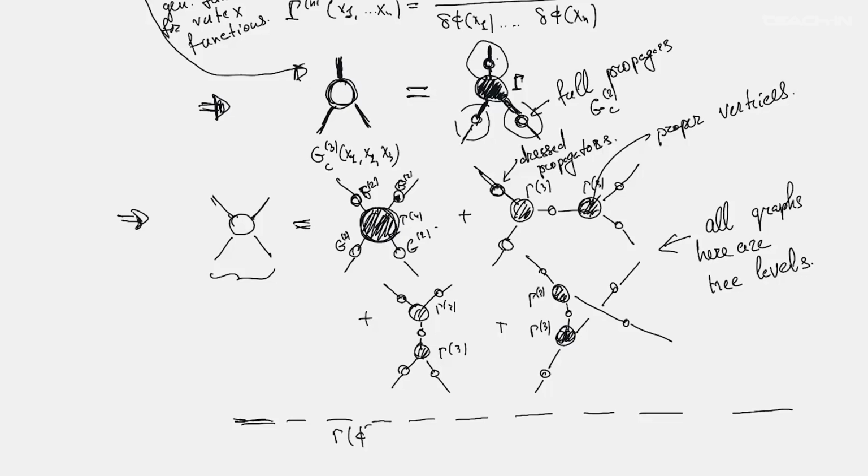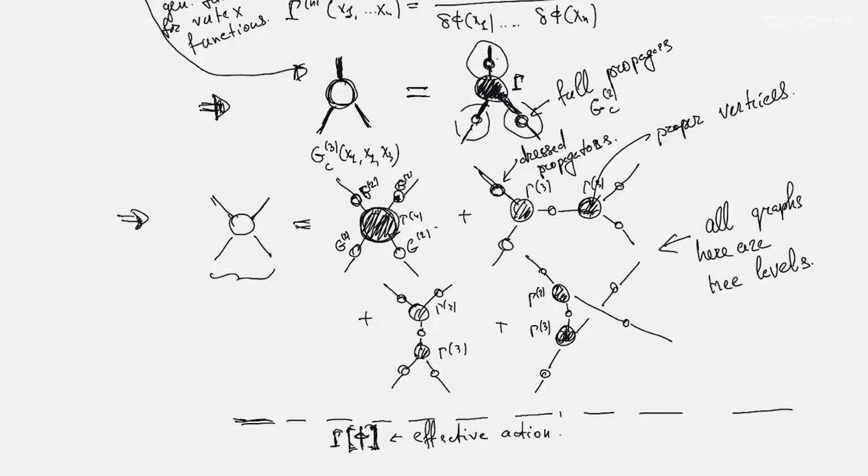The original action you start with was an action where you have only a phi-4 interaction term, but with this term, you produce all kinds of Feynman diagrams, which also include loops.